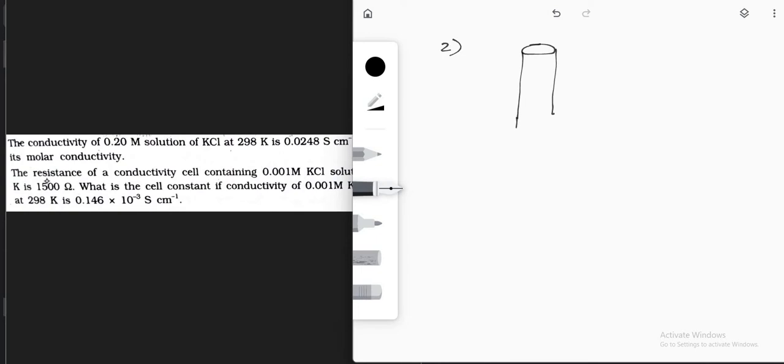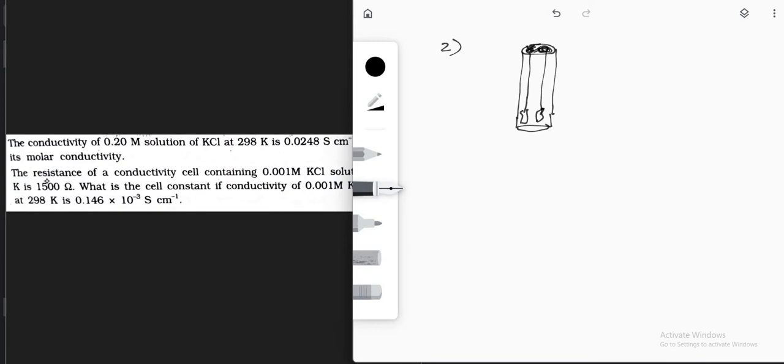It is a glass tube, and two electrodes are fused here. This is one electrode, this is another electrode. The electrodes are fused here, therefore the electrodes cannot move.